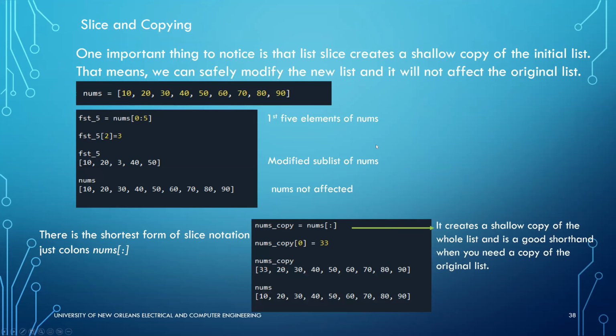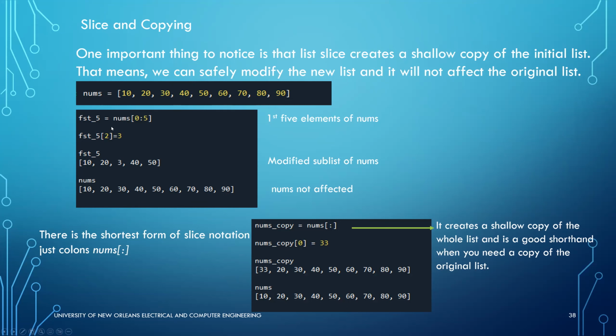All right, let's look now at slicing and copying. One important thing to notice is that list slice creates a shallow copy of the initial list. That means that we can safely modify the new list and it will not affect the original one. So if, for example, looking again at our previous list that we've been using so far for nums, I'm going to create a new variable called fst_5, first 5 numbers.